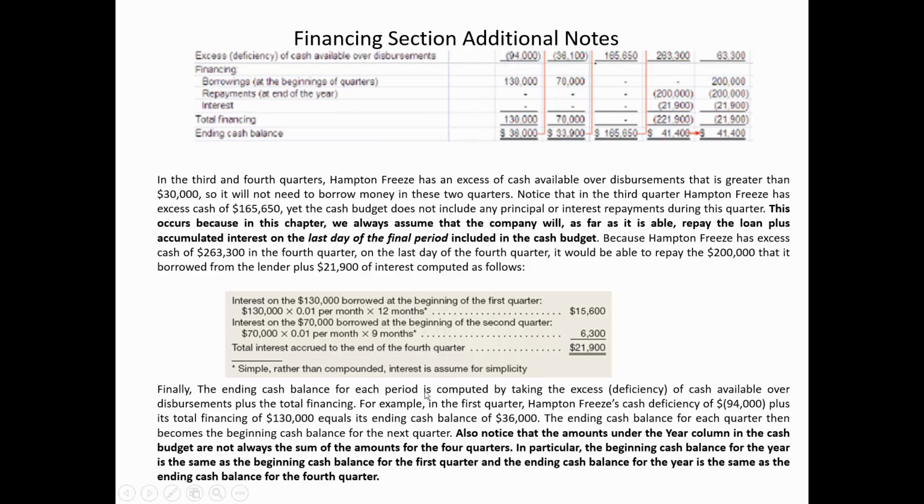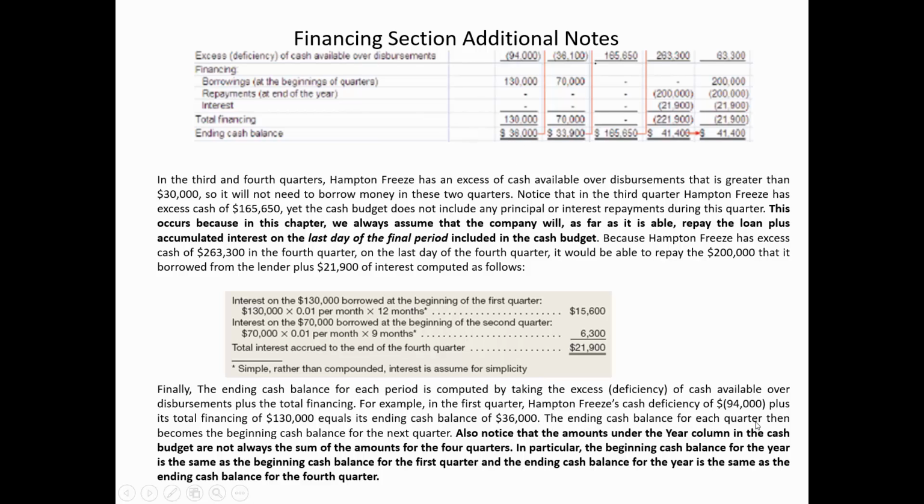Finally, the ending cash balance for each period is computed by taking the excess deficiency of cash available over disbursements plus the total financing. So, for example, in the first quarter, the cash deficiency of $94,000 plus its total financing of $130,000 equals the ending cash balance of $36,000.